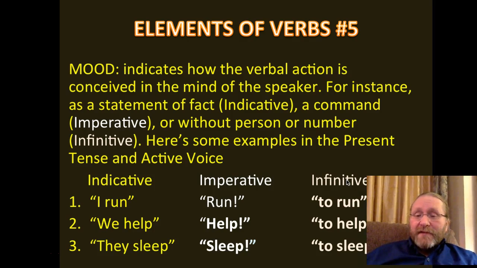Anyway, to have the to-blank form of the verb is the infinitive mood. Infinitives come, of course, in both active and passive. You can say to help and to be helped. So the only things that infinitives lack are a person and a number.